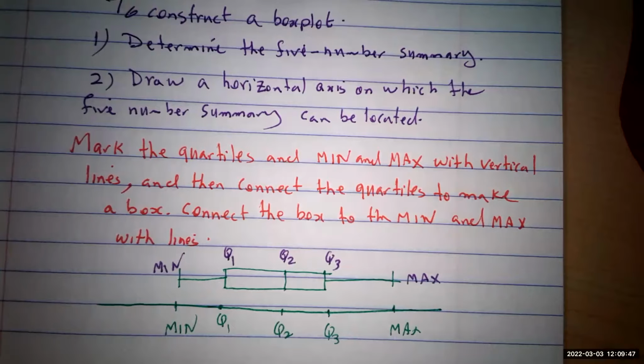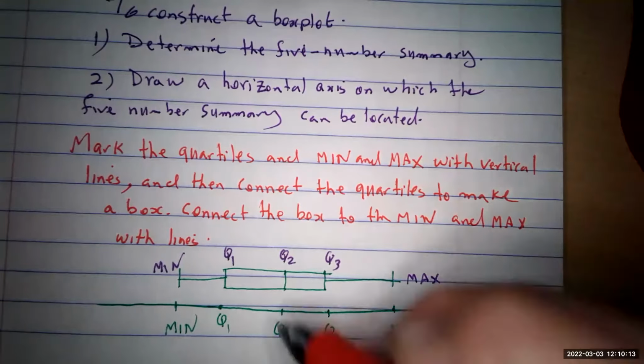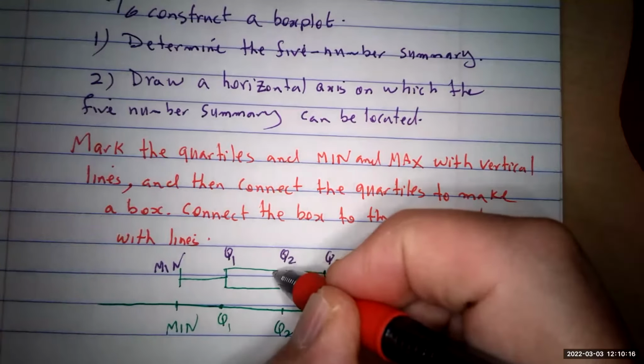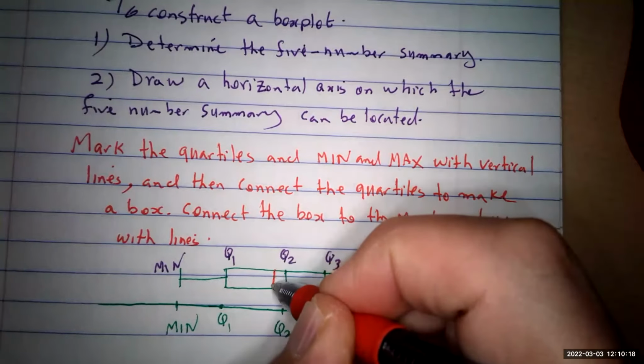Now, what conclusion are we going to get from the box? The conclusion from reading the box is, when you construct the box, Q2 is going to be the center of your information because it's the median. But this box would have a natural center. The natural center of the box is going to be, for example, here. That's going to be the middle of the box.